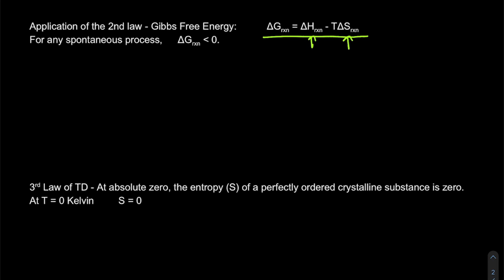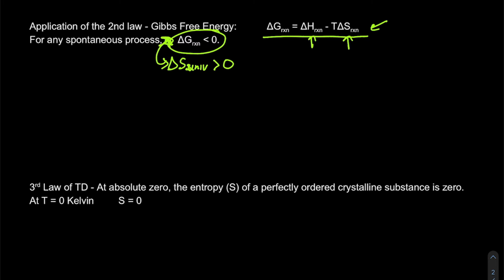Now, something that might be helpful is to know that a specific sign of delta G is going to give us a spontaneous process. And this is like the idea that the delta S of the universe is greater than 0. We can connect these two: when the delta S of the universe is greater than 0, the delta G of the reaction will be less than 0, or negative.